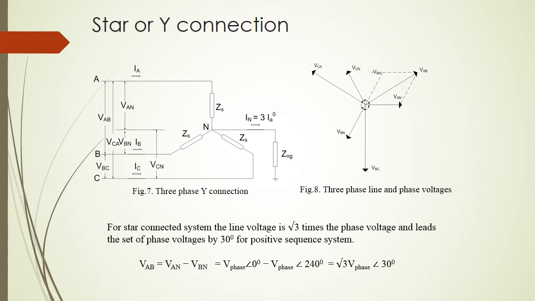It is, for example, in our case, 200 volt, and the line to line voltage, which comes from measuring between the two lines here, is actually square root of 3 times higher than the phase voltage, and in our system, it is 400 volt.